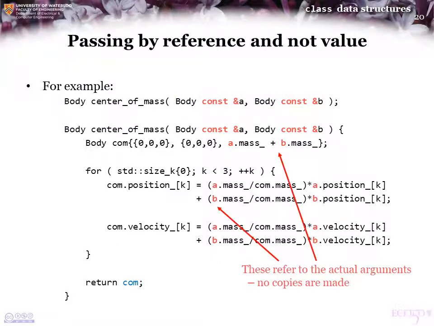Consequently, inside the body of the function, anytime you refer to A or B, you refer to the actual arguments and no copies are made. This makes life a lot easier. Now, in this case, the return value is still returned by value.